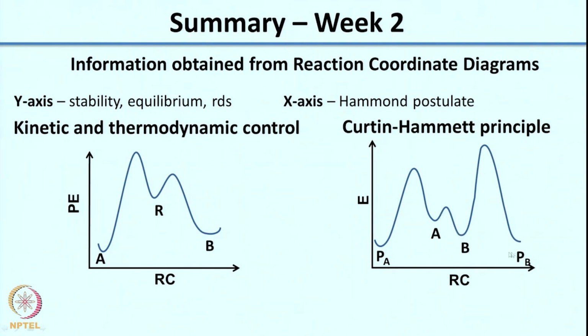The product ratio, that is PA and PB, is dictated mainly by the activation energy difference for formation of PA from A and PB from B. So basically this energy difference.